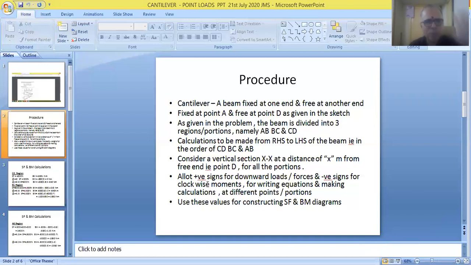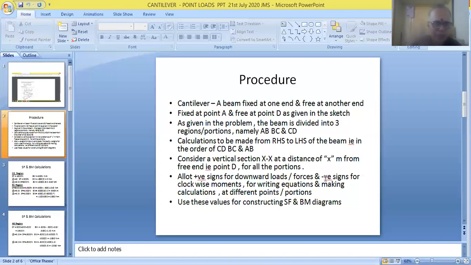So allot positive symbols for all the forces. And because of downward forces, the beam will have a tendency to move in clockwise direction. So clockwise movements must be allotted with a negative symbol. So we'll be getting all clockwise movements, therefore allocate negative signs for all these movements.